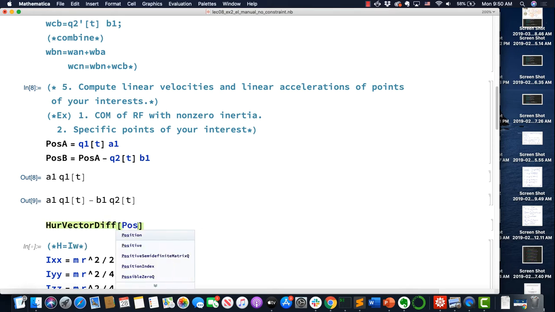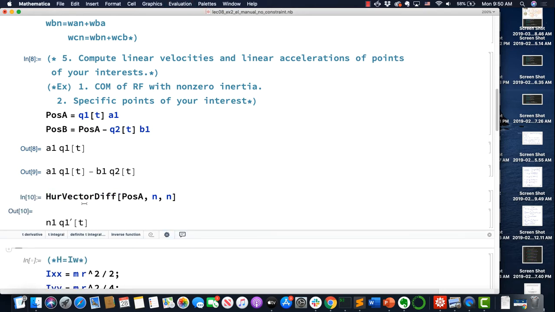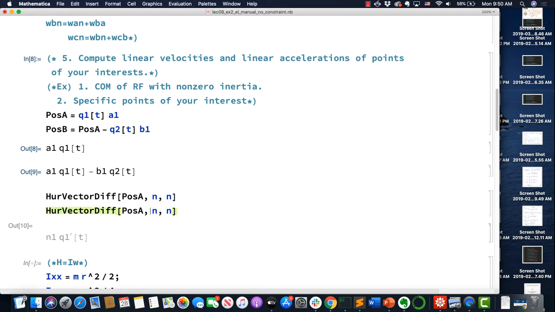So we have position vector A, and your first reference frame, both are N and N, right? So because we have differentiated in Newtonian reference frame, and we just expressed it in terms of reference frame N. Just simply run it, and you'll get this. This is very obvious, right? Just Q1 dot. Do the same thing for the second one.